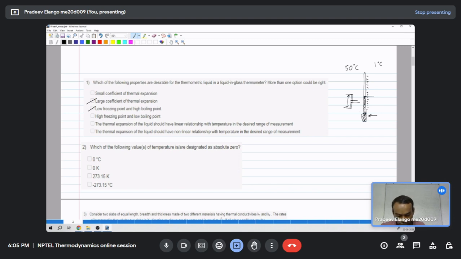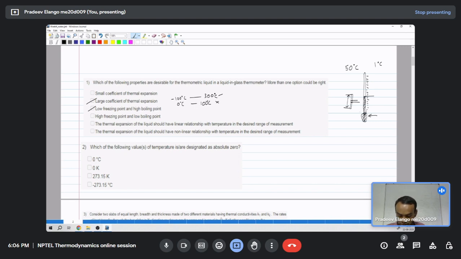For water it is 0 degrees Celsius to 100 degrees Celsius, so with water we can measure only between 0 and 100 degrees Celsius. But if there is another liquid which stays liquid from minus 100 degrees Celsius up to say 300 degrees Celsius, then that is more desirable, right? So low freezing point and high boiling point is desirable.